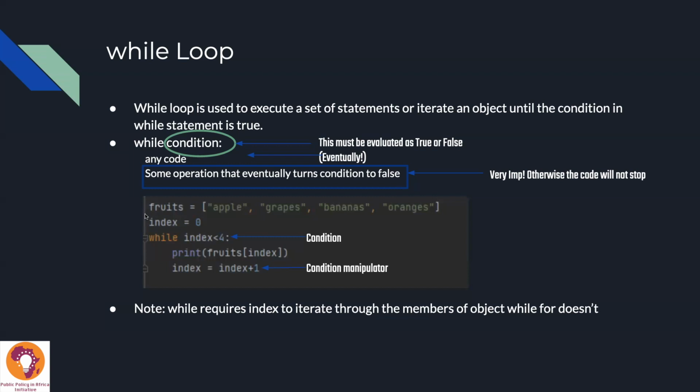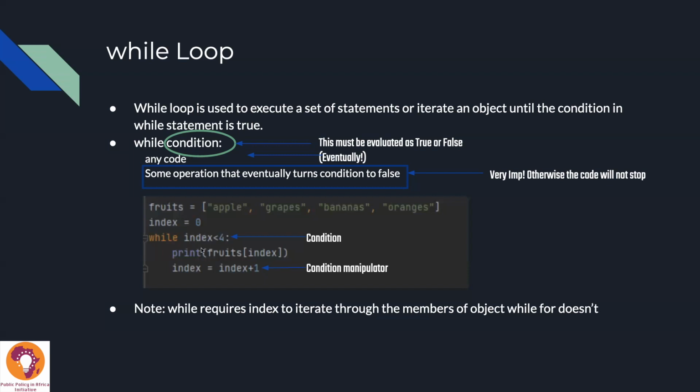We can print fruits at index, whatever the value of index is at the current moment. On the first iteration it's going to be 0, so we get apple. Because we have index equals index plus 1, we could have also had index plus equals 1 here, going all the way back to week 2 when we talked about the assignment operators.